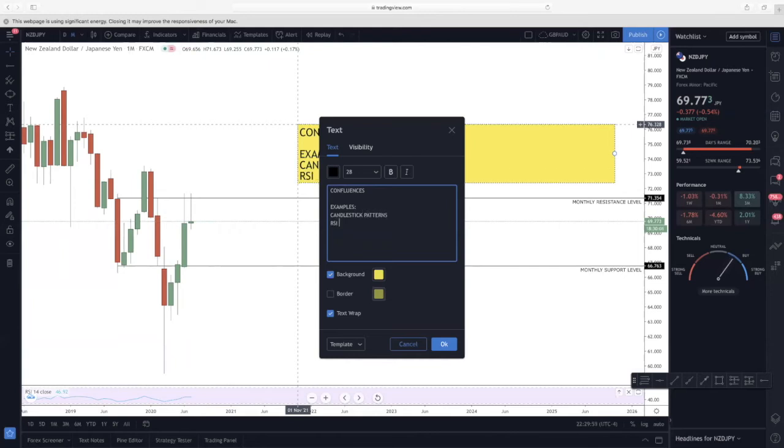It could be RSI divergence, it could be Fibonacci retracement. It could be a simple break and retest. It could also be, what's another example? A trend line bounce, right? Trend line bounce or break, right? So these are just some examples of some confluences, right?